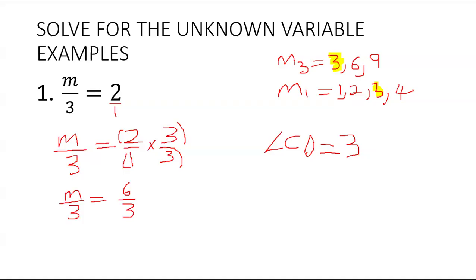Once the denominators are the same, you can drop the denominators and just equate the numerators in any equation. So here you'll end up having m is equal to 6, or 6 is equal to m. That's it.